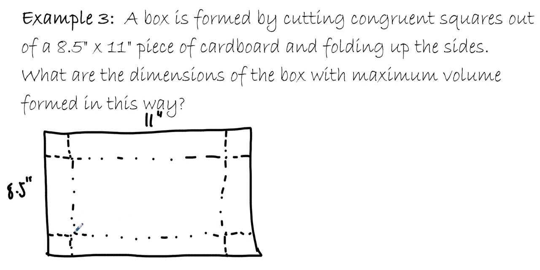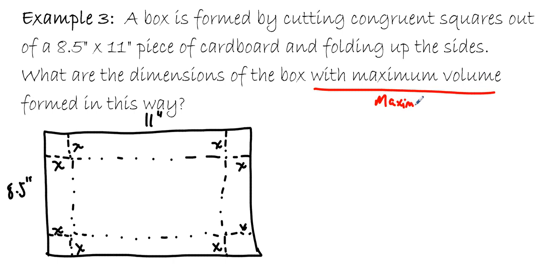And all the squares we cut out are congruent, so that's all x's all over the place. Those are all congruent squares. What are the dimensions of the box with maximum volume?